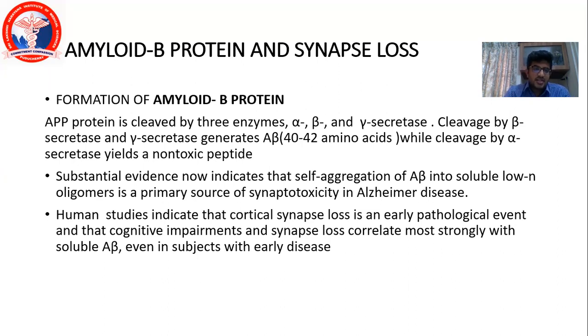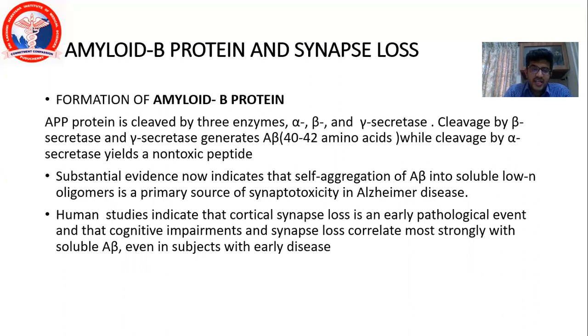So there is evidence indicating that self-aggregation of A beta into soluble low-n oligomers is a primary source of synaptotoxicity in Alzheimer's disease. So A beta itself is causing synaptotoxicity.